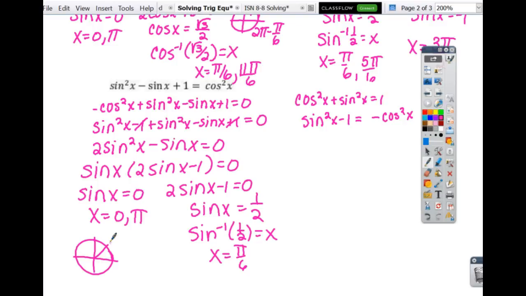Where else do I get a positive y? We want the second quadrant, which is going to be pi minus pi over 6. So that's going to give me 5 pi over 6. Okay, does that make sense?